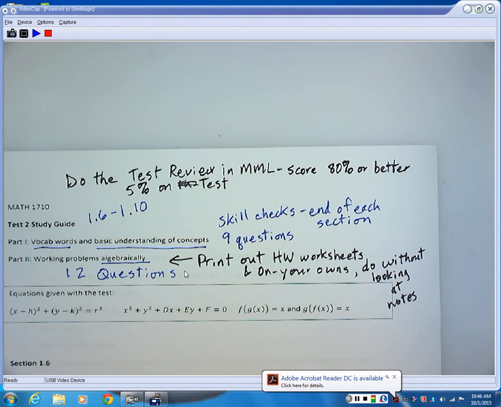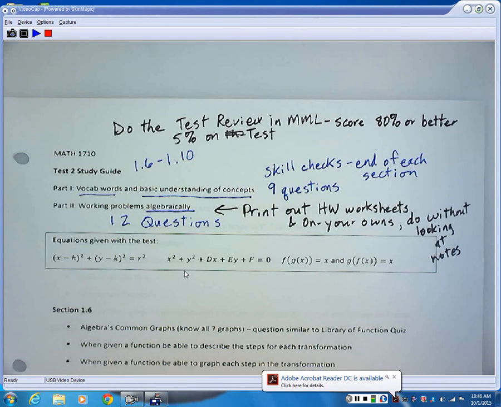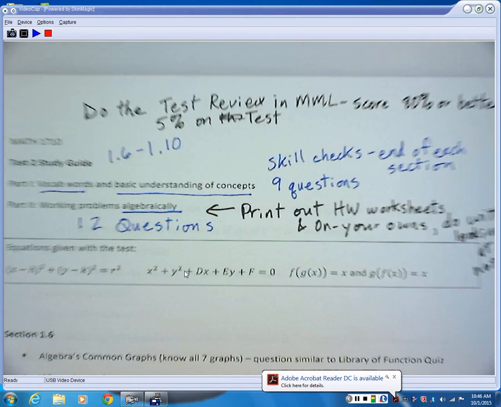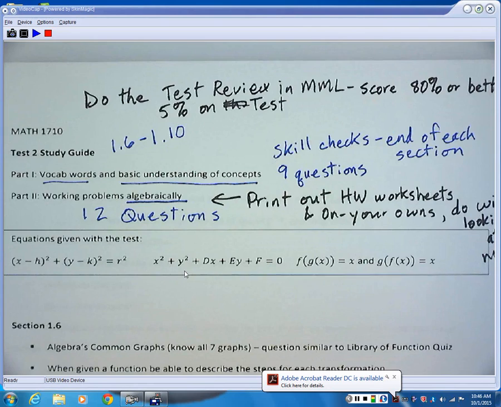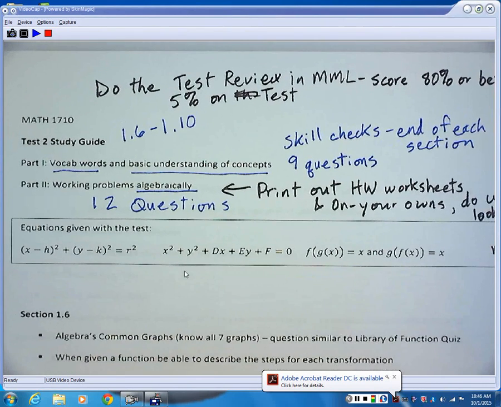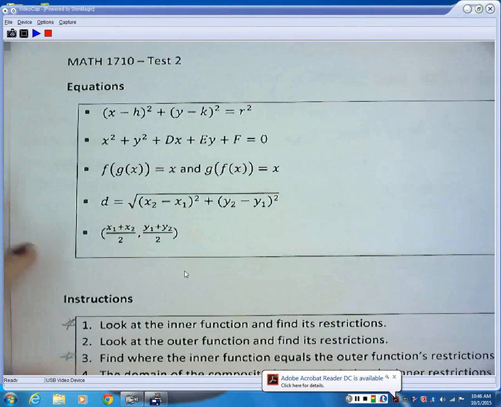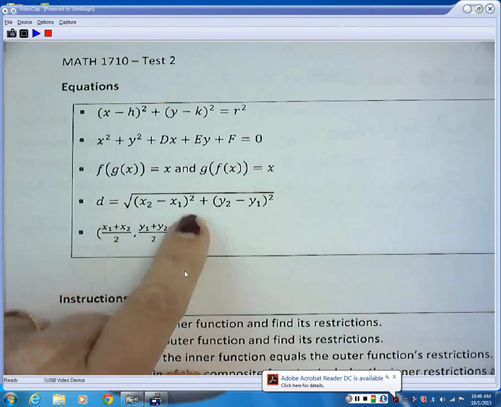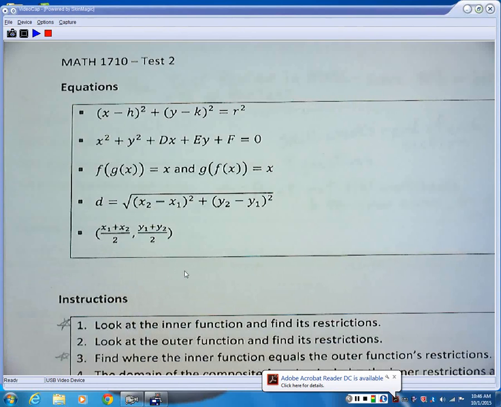Okay. So, this tells you that these are the equations given on the test. These 3 are given on the test, but I also give you the distance formula and the midpoint formula, so you don't have to memorize those.